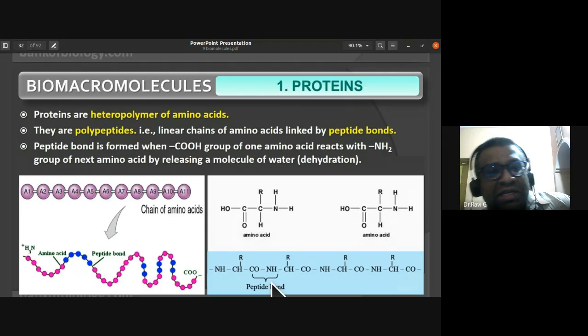So proteins are polypeptides, linear chains of amino acids linked by peptide bonds, formed when the carboxylic group of one amino acid reacts with the amino group of another by dehydration.